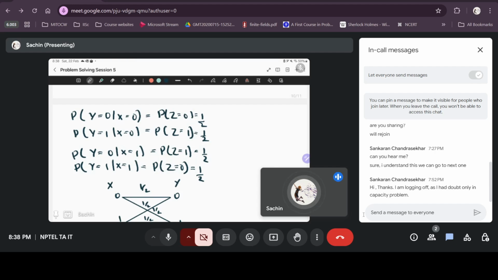P of x equals 0 given y equals 0 is equal to P of x equals 1 given y equals 0. So, in other words, y is independent of x. Therefore, h of y given x is equal to h of y. Therefore, I of xy is 0, regardless of the distribution of x. That's why the capacity is 0. That is, by observing the output y, you gain no extra information about x.